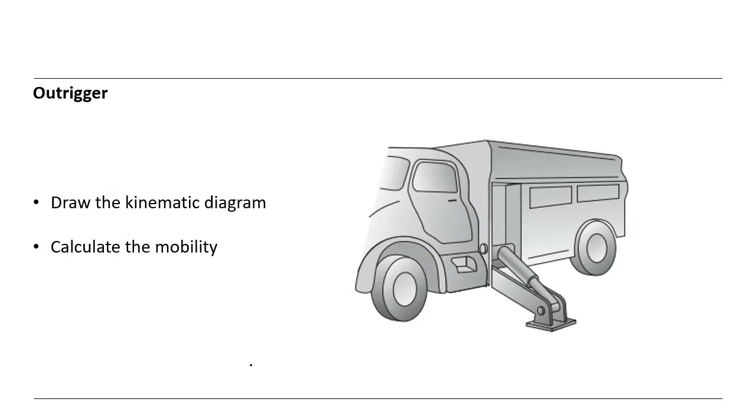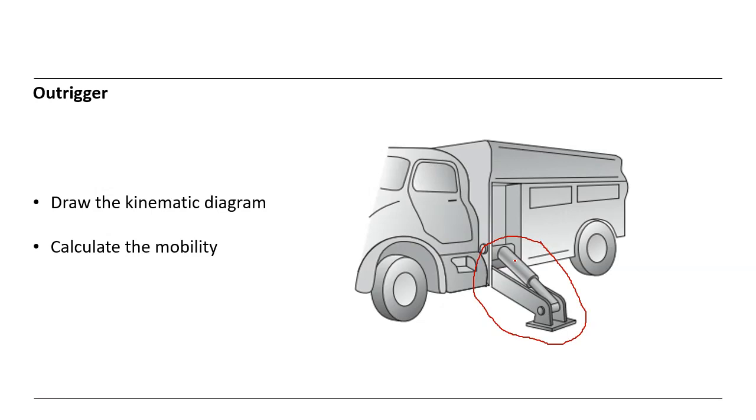So you see, there's a mechanism here, and we have to draw the kinematic diagram, and we have to check the mobility, that means the degree of freedom of the mechanism. So you can easily follow that.